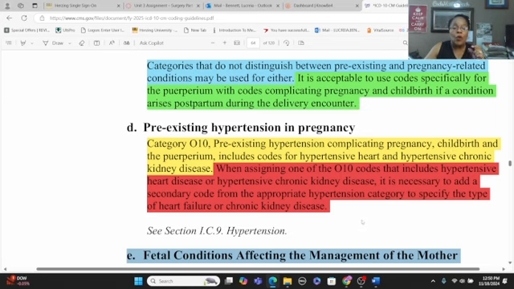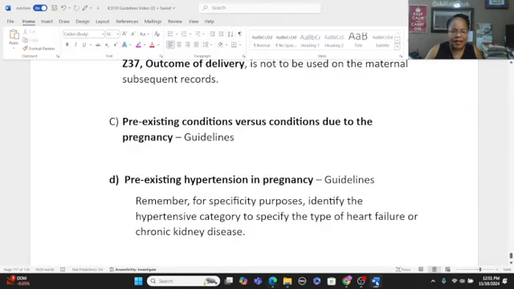So when assigning one of the O10 codes that includes hypertensive heart disease or hypertensive chronic kidney disease, it's necessary to add a secondary code from the appropriate hypertension category to specifically identify the type of heart failure or chronic kidney disease. Remember, for specificity purposes, identify the hypertensive category.